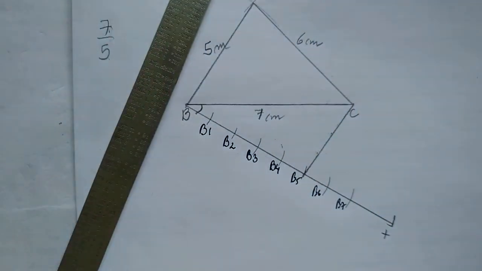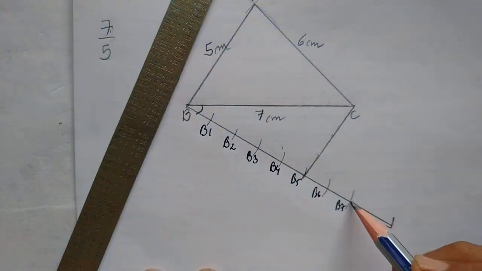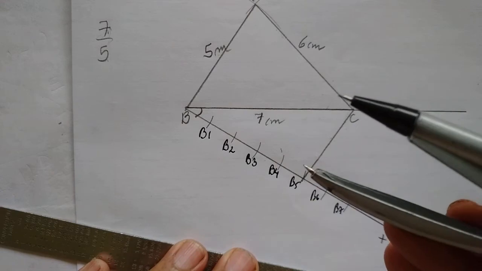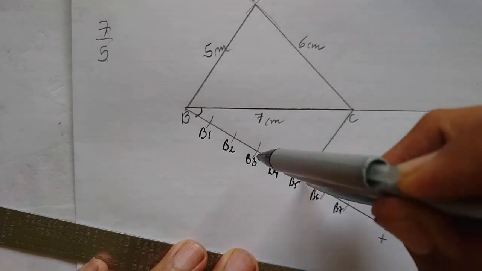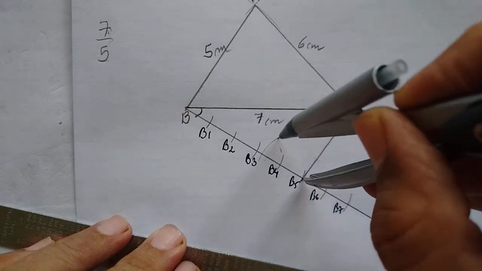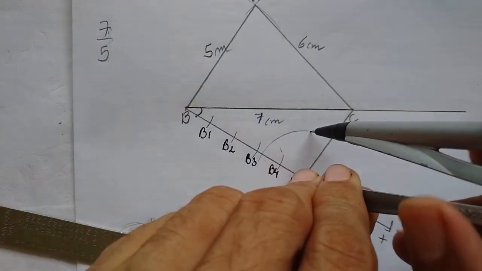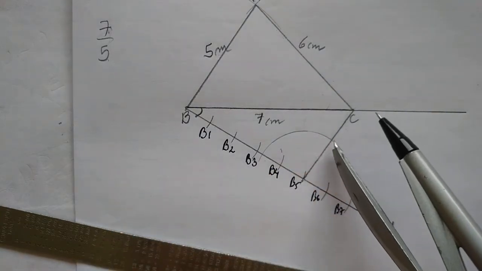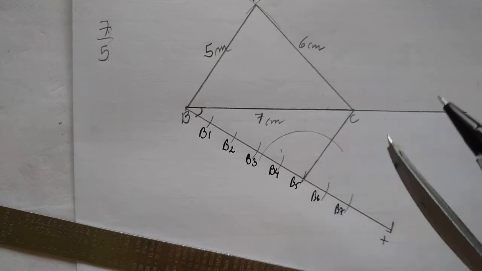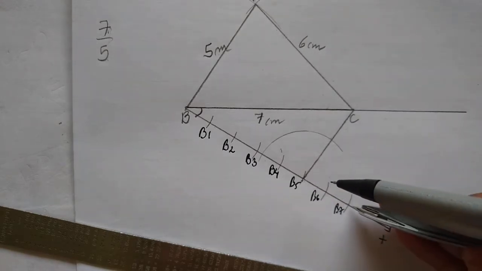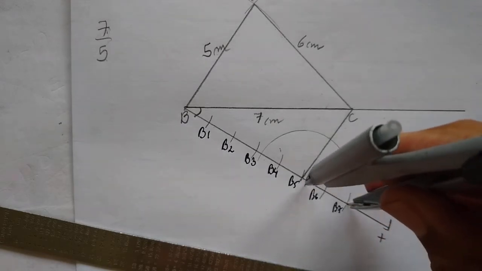Now we want to construct a parallel line from B7. Now how to construct that, you see here. Take convenient radius, draw one arc. This arc must cut B5C. Now from B7, draw another arc.